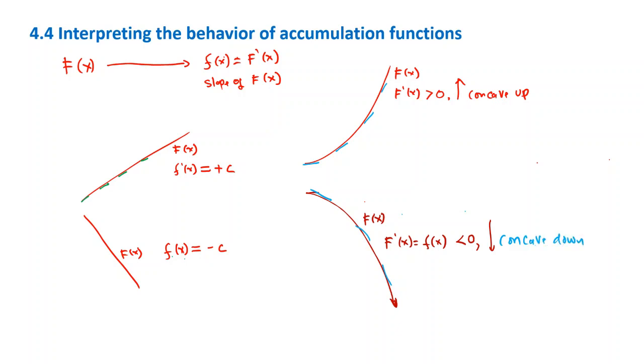We also have, for example, a minimum. Here, going from left to right, on the left f'(x) is less than 0, at this point f'(x) equals 0, and to the right f'(x) is more than 0.